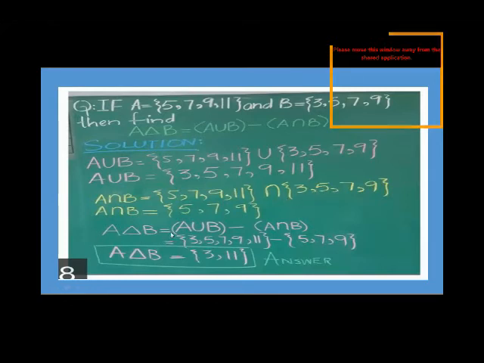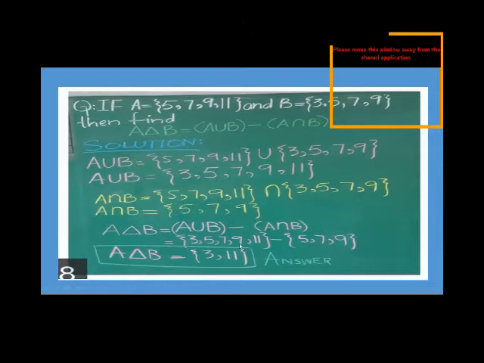Now A delta B is equal to A union B minus A intersection B. Write the result of A union B, which is 3, 5, 7, 9 and 11, then the minus sign. Write the result of A intersection B, which is 5, 7 and 9. As you know, minus means compare the two sets and find the common elements.